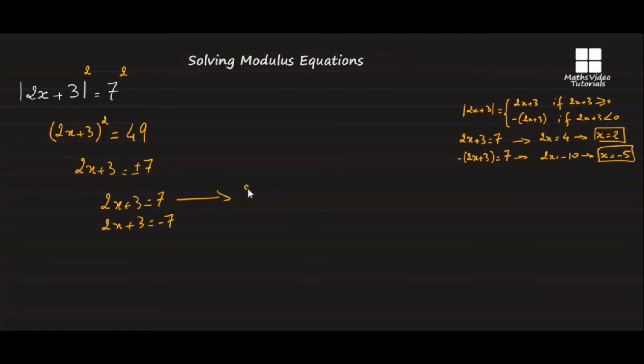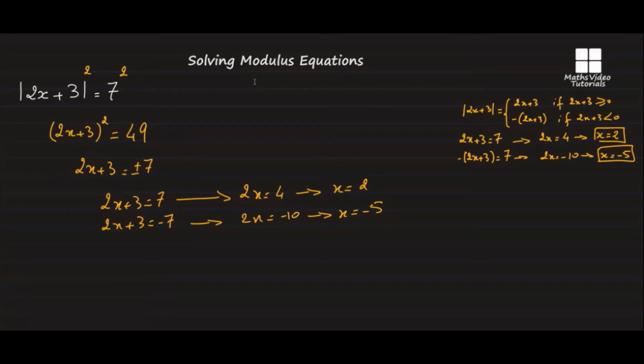This will give us 2x equal 4, and therefore x equal 2. This one will give us 2x equal negative 10, and therefore x equal negative 5. Let's do the third method.